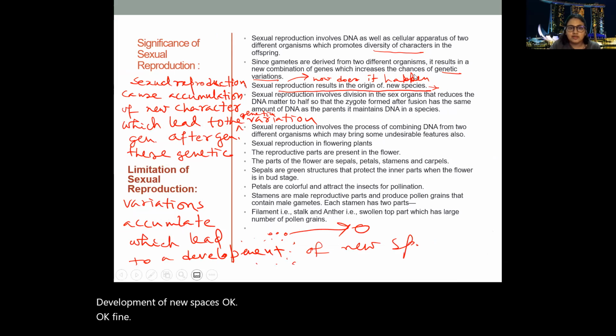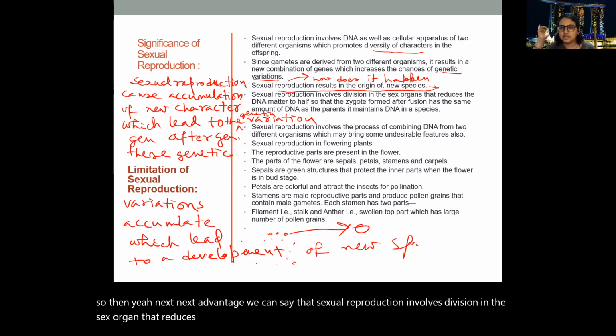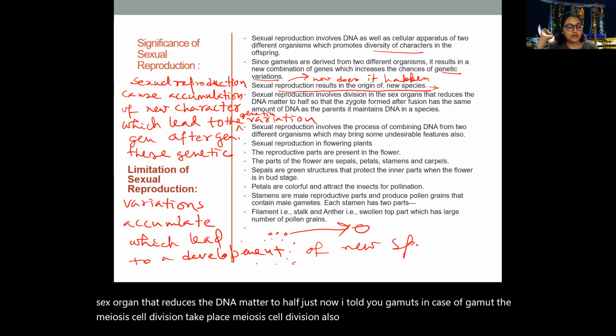So the next advantage we can say is that sexual reproduction involves division in the sex organs that reduces the DNA matter to half. Just now I told you about gametes. In the case of gametes, meiosis cell division takes place. Meiosis cell division is also known as reduction division.